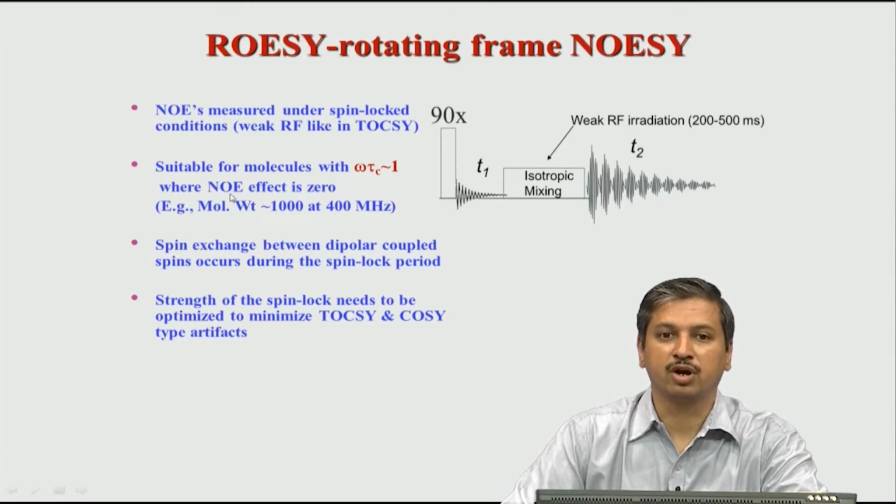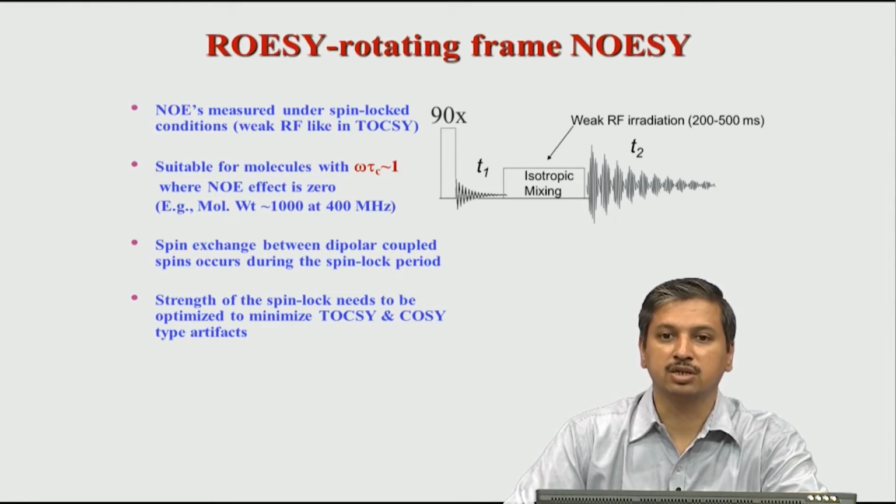How will the spectrum look if the NOESY effect is 0? Imagine that in the experiment which we saw in the last class, we expect a transfer of polarization from spin A to spin B, but if spin A does not transfer completely to B, what we saw is we get what is called a diagonal peak.